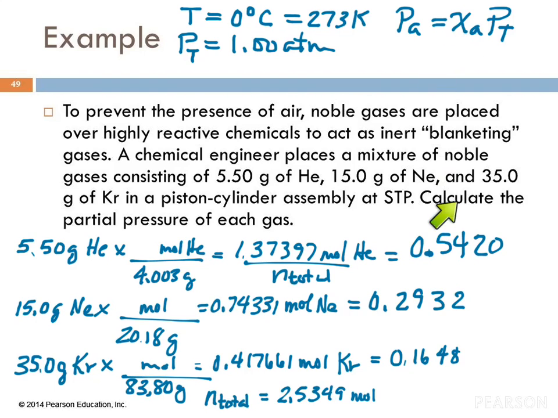X for helium is 0.5420. We would take that mole fraction and multiply it by the total pressure. Since the total pressure is 1, the mole fraction ends up equaling the partial pressure. So for helium, it's this many atmospheres, and that many atmospheres, and that many atmospheres.